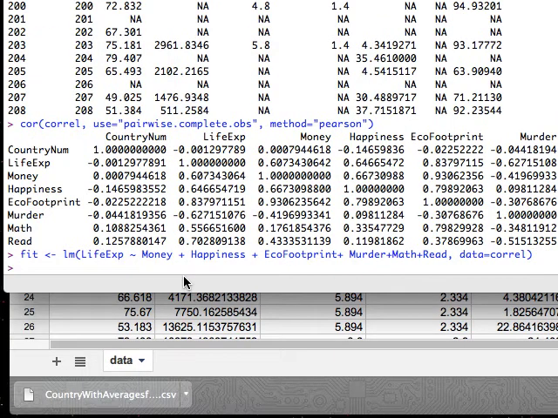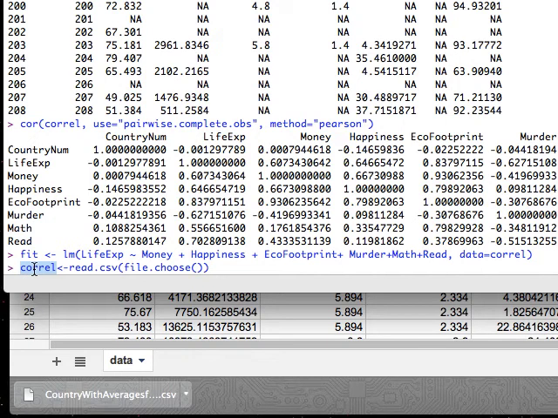Since we just made a read CSV recently, I'm just going to scroll up with my arrow keys and then create another data set or variable.